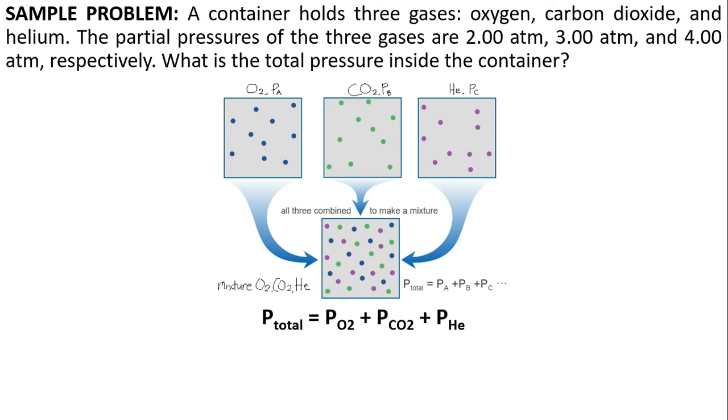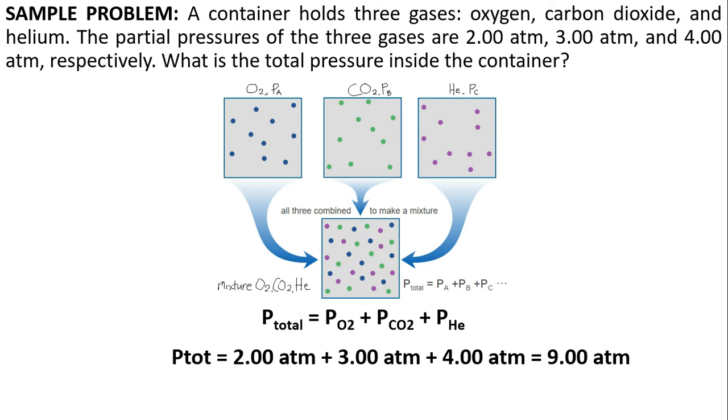Applying the given, P total is equal to the partial pressure of oxygen plus the partial pressure of CO2 plus the partial pressure of helium. Now just insert all the given. So P total is 2 atm plus 3 atm plus 4 atm, and the answer will be 9.00 atmospheres.